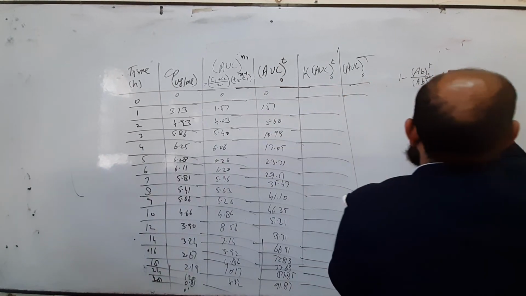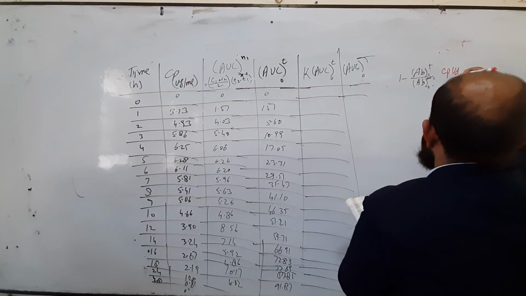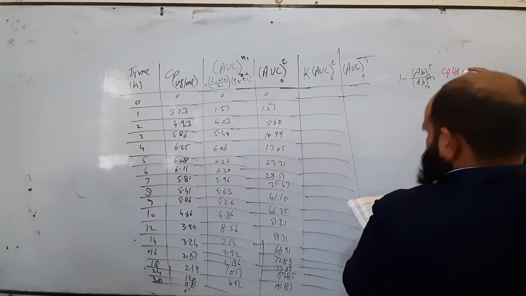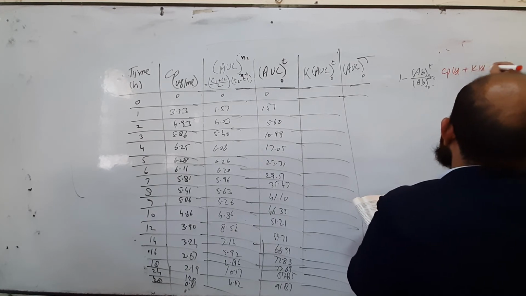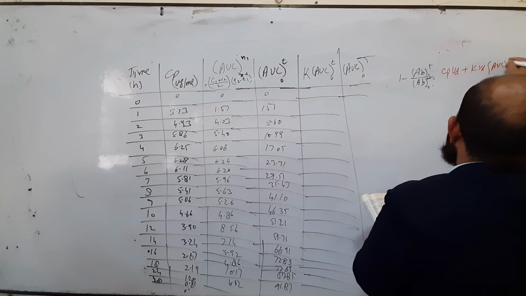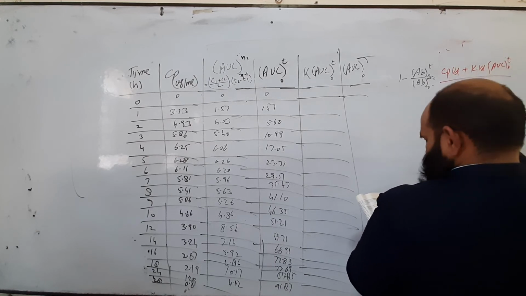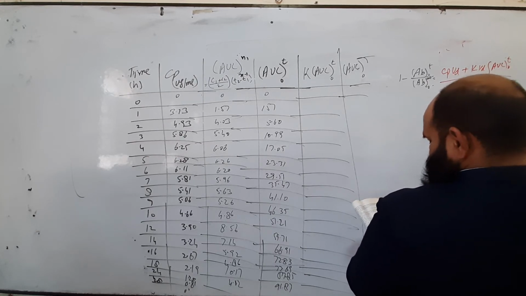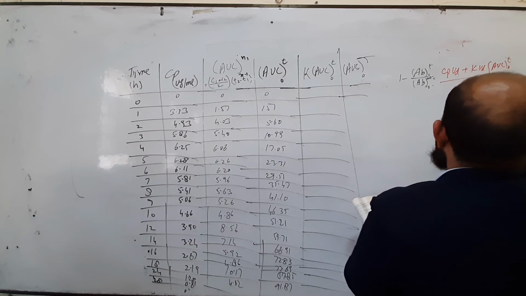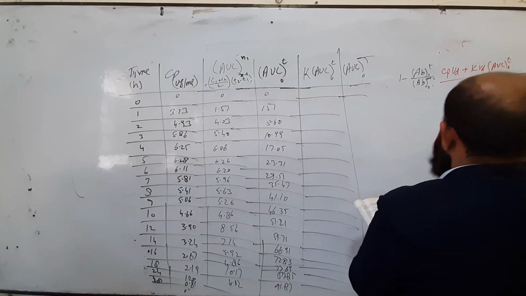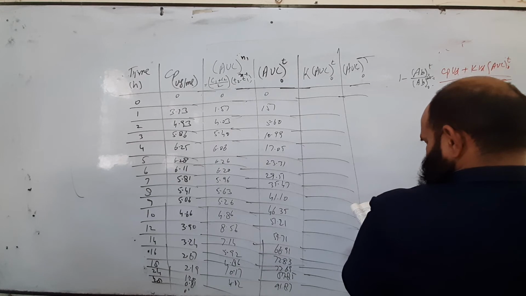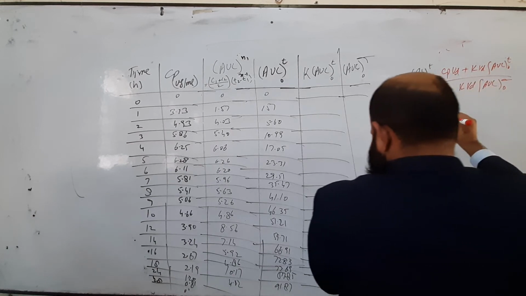That equation is Cp plus KVd into AUC 0 to T over KVd AUC 0 to infinity. Okay.